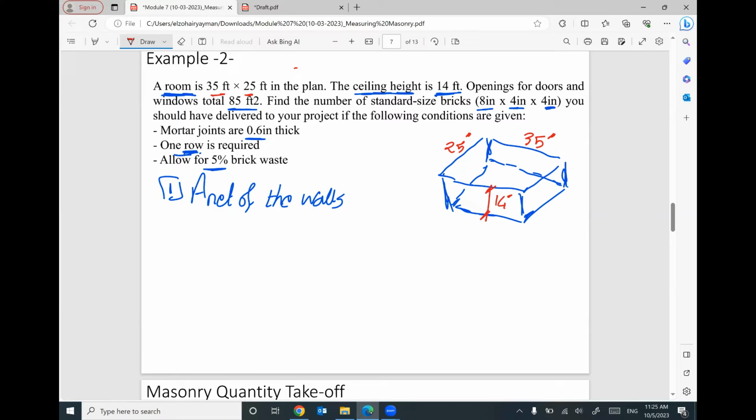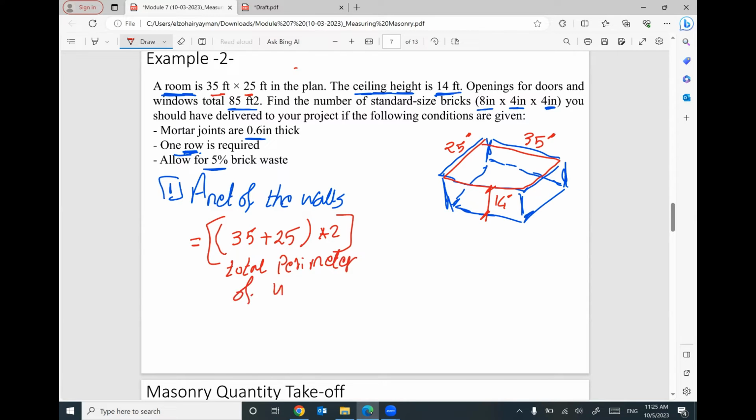If you would like to figure out the total gross surface area of this room, I have to get the perimeter. The perimeter of this rectangle equal 35 plus 25 times 2. This is the perimeter, or the total perimeter of walls.